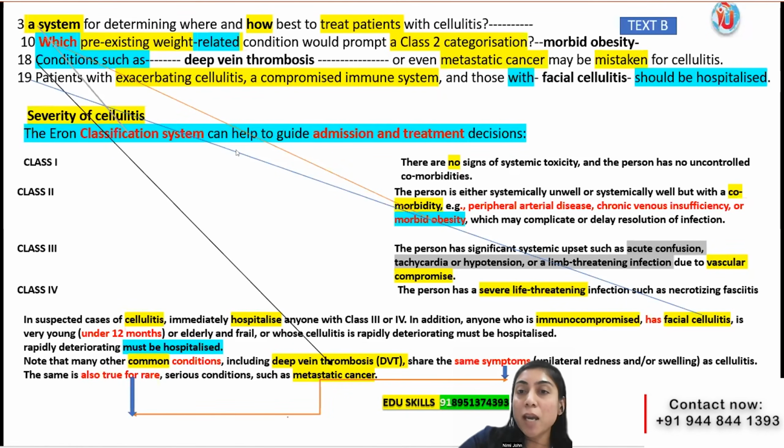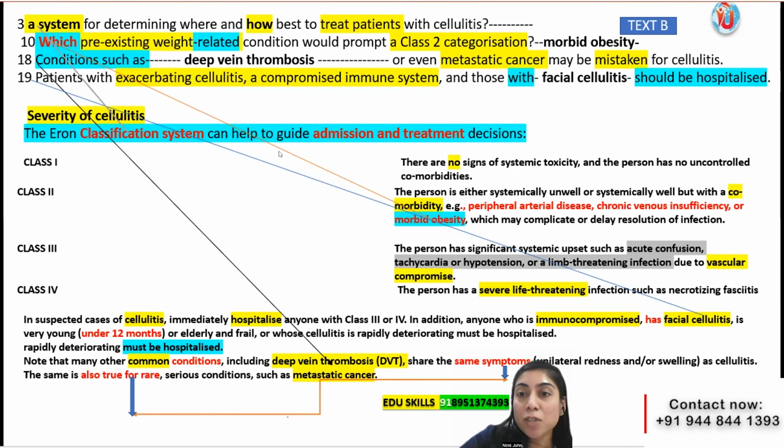In addition, anyone who is immunocompromised or has facial cellulitis. See here, immunocompromised, and those who have facial cellulitis should be hospitalized. Here, see, must be hospitalized.